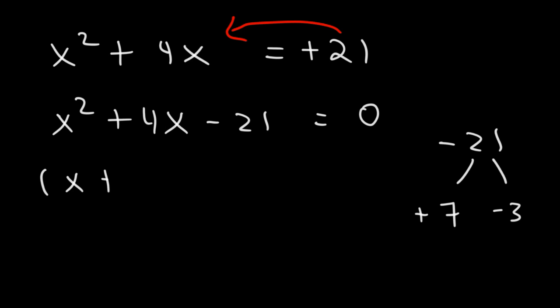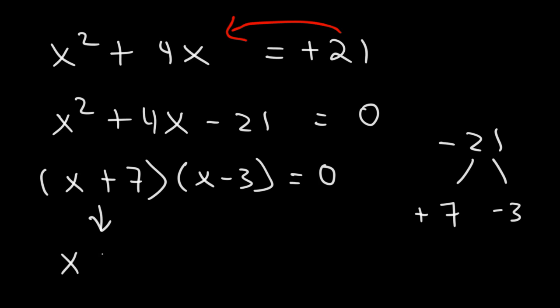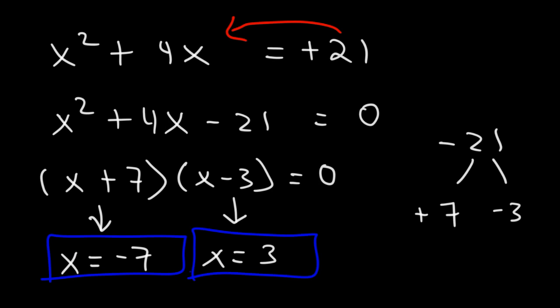So to factor it, it's going to be x plus 7 times x minus 3. Now, setting each factor equal to 0, the two answers we're going to get are negative 7 and positive 3. Don't forget to reverse the signs. So these are the answers for this particular problem. X is equal to negative 7 and positive 3.